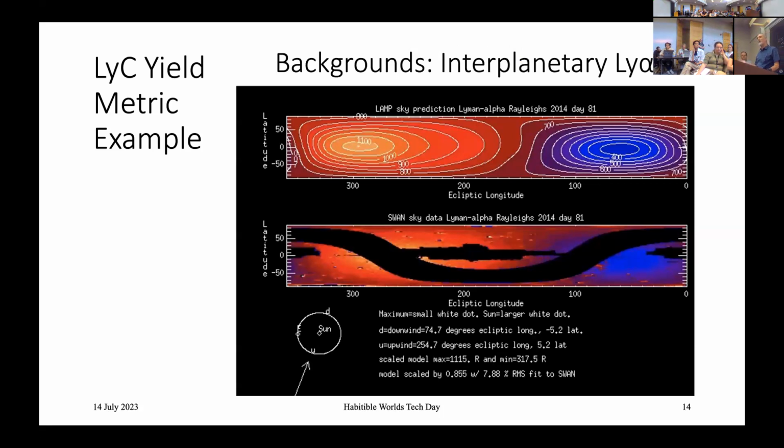So yeah, there's Lyman alpha around Earth. We're going to be at L2, but there's still an interplanetary Lyman alpha that we'll have to contend with. And that's going to give a limit to what we can detect. And it depends upon what direction you're looking at as well, because it has to do with Lyman alpha from the sun scattering off of neutral hydrogen that's streaming into the solar system.